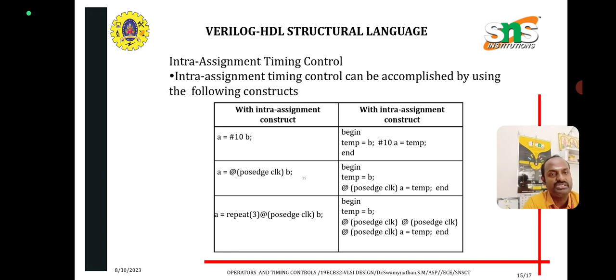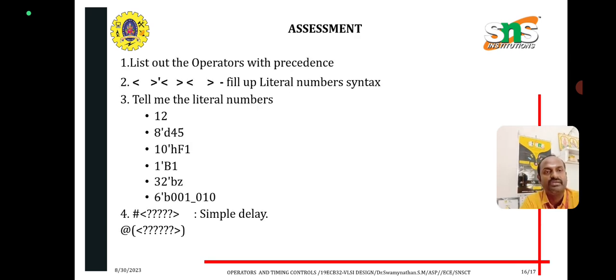And the positive edge signal is the same thing, it displays only on the positive edge clock. It repeats 3 times, positive edge and positive edge. That is called the structural language. And that's all. This is the intra and extra assignments.